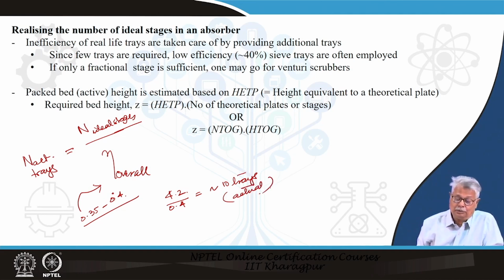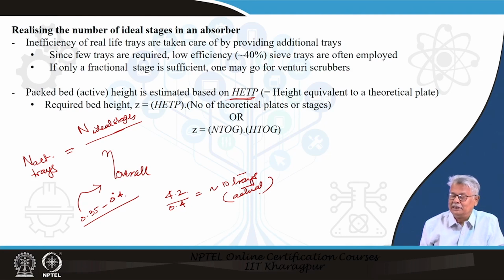Now we talk about the other consideration, that it is not essential that you are going to use an absorber where you use trays. You are going to use a packed tower there. Let us see how you find it out. In that particular case, we know height equivalent to a theoretical plate.